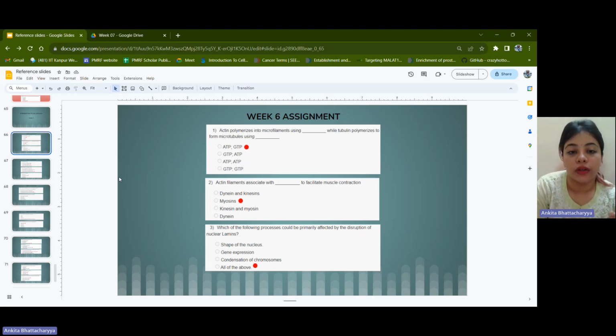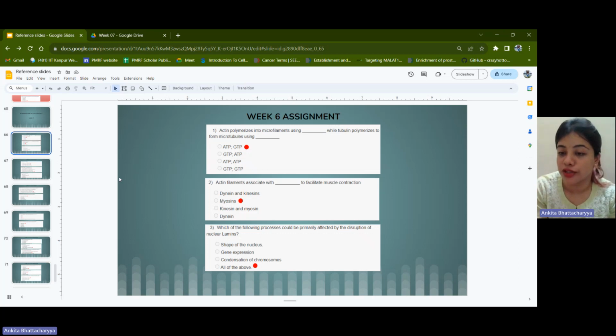Then coming to the second question, actin filaments associate with myosin to facilitate muscle contraction. We have dyneins, kinesins, and myosins.